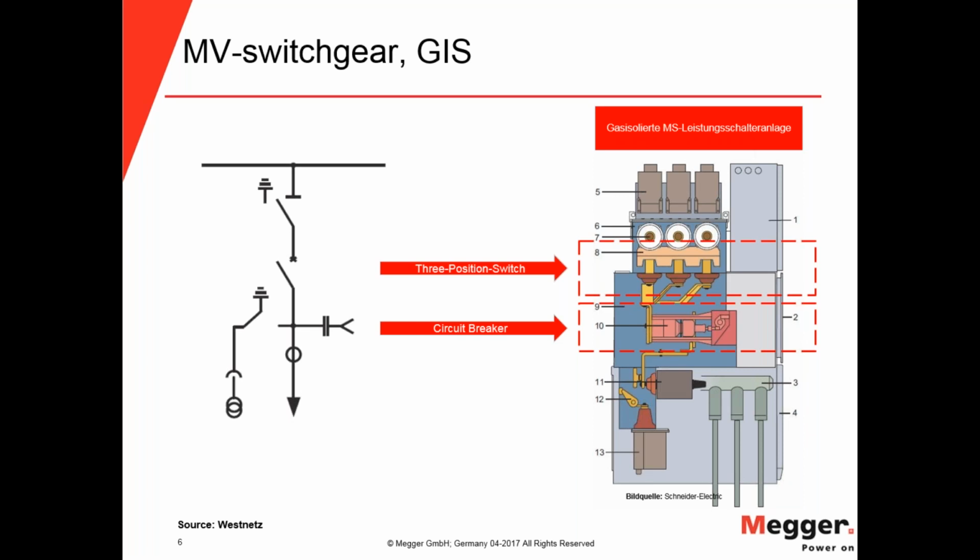The corresponding single line diagram looks like this. You have your 3-position switch here. It can be grounded, in the open position, and connected to the bus bar, and your power circuit breaker here.